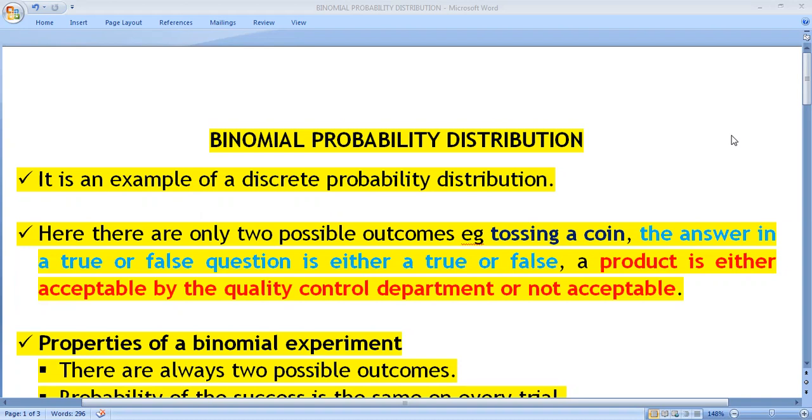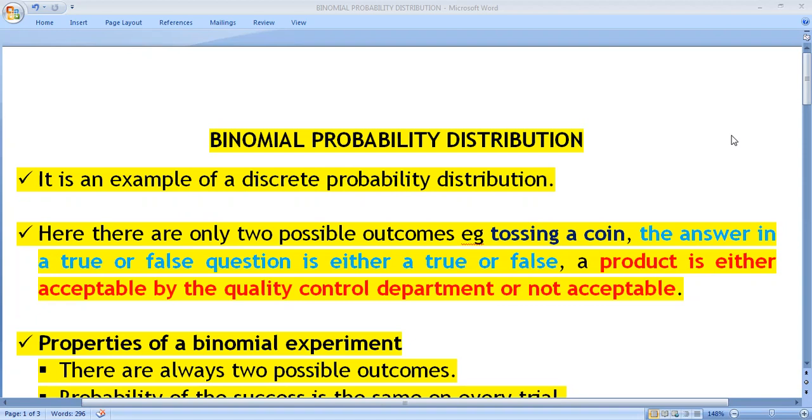The answer in a true or false question is either true or false. A product is either accepted by the quality department or not acceptable. So these are all examples of binomial experiments. A drug is either effective or ineffective.